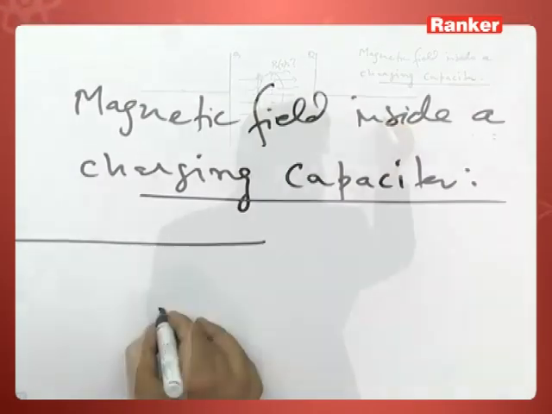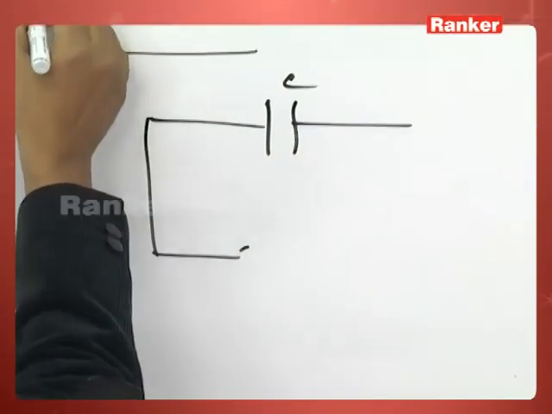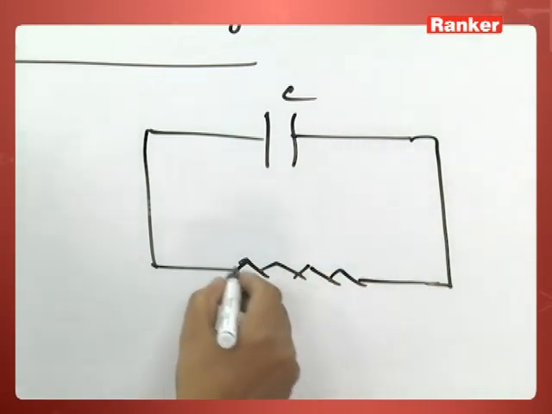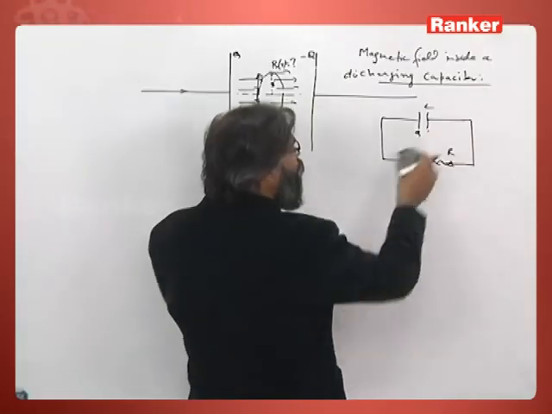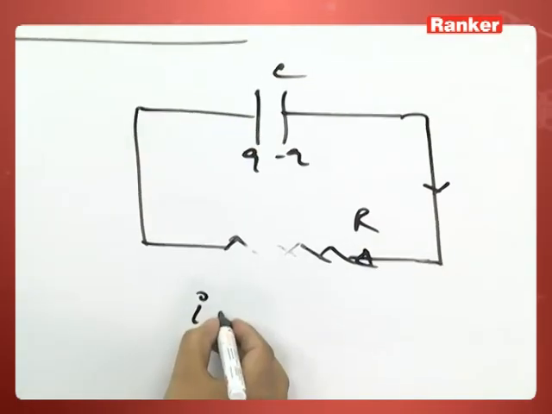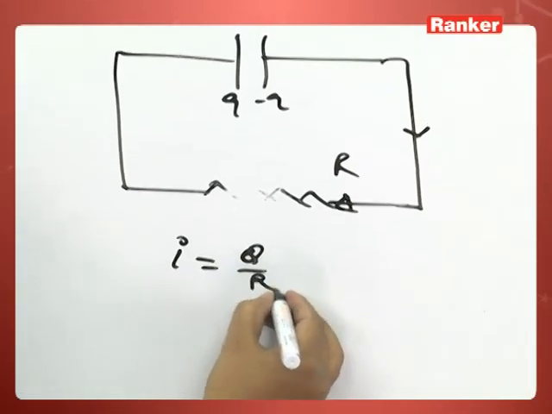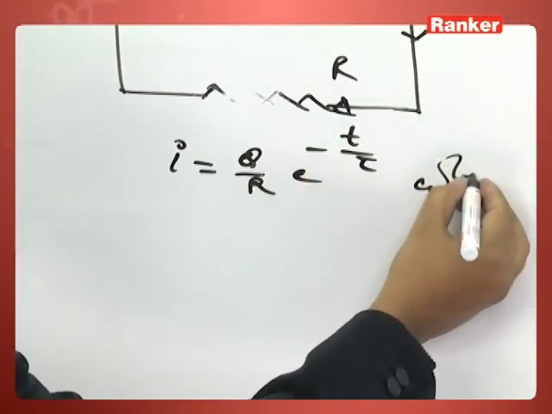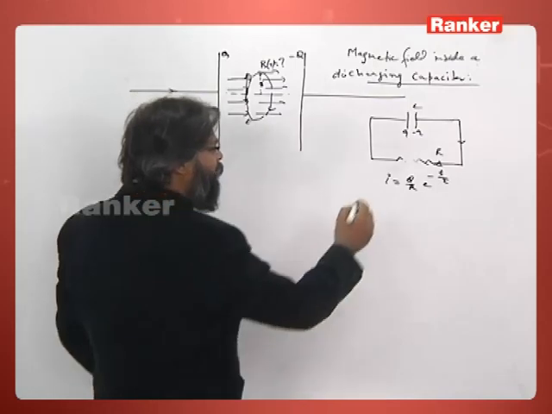Now, let us suppose this is a capacitor which is being discharged through a resistor R, and initially it had charge Q, and at some instant it has a charge Q and minus Q. So, I know that the current I will be given by the initial charge Q by R, e raised to minus t by tau, where tau is equal to CR, that is the time constant. This is how the current will vary.